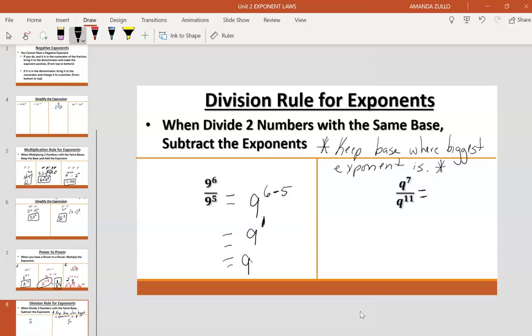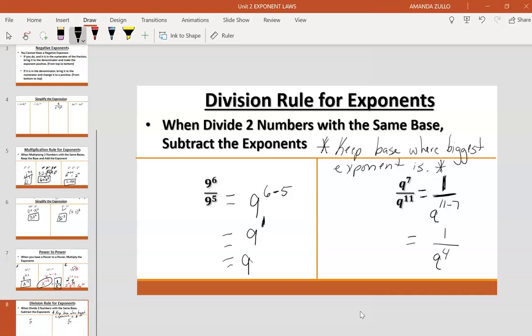Over here it's not as straightforward. You have q to the 7 over q to the 11. Well, 11 is your bigger exponent, so you're going to want to keep your q's in your bottom. So you have q to the 11 minus 7. You need a placeholder though now, so I'm going to put a 1. 11 minus 7 is 4.